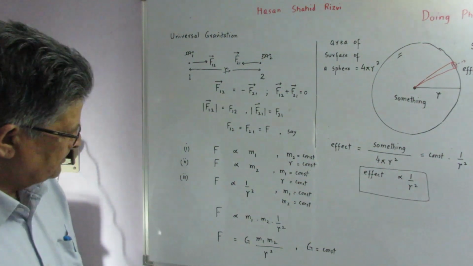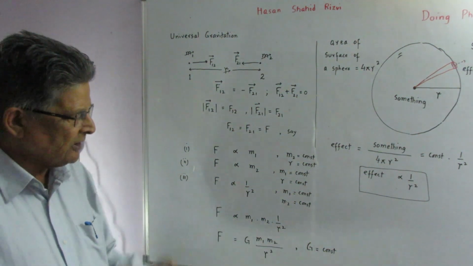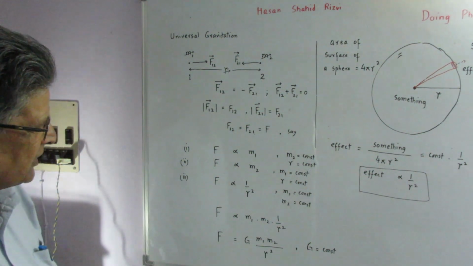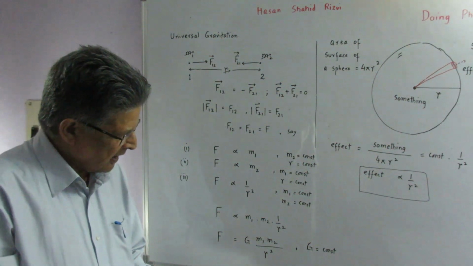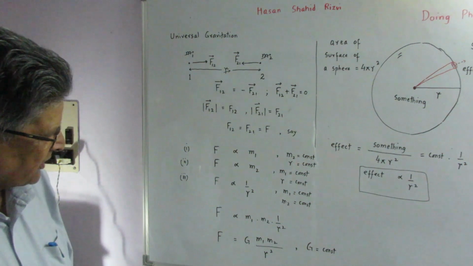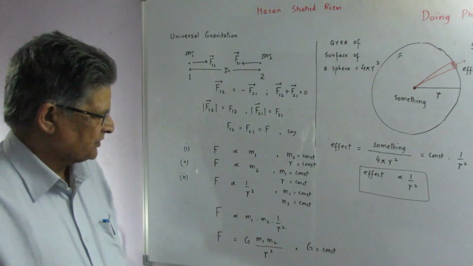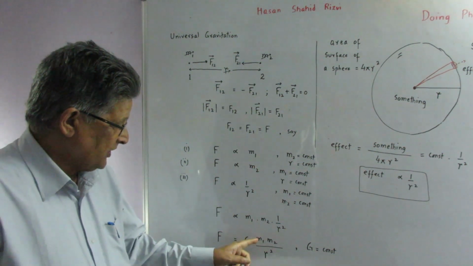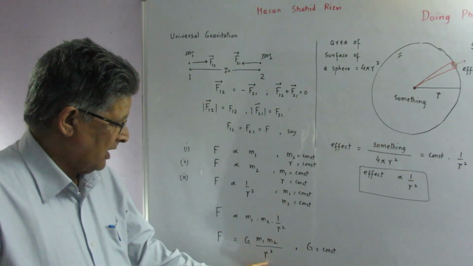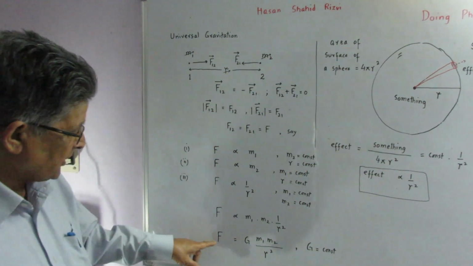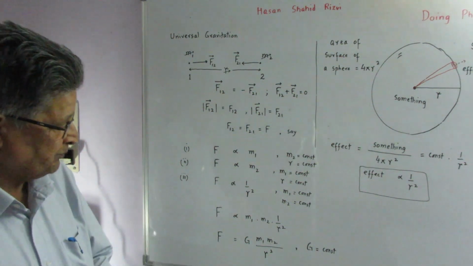Now this capital G is called a universal constant, and we call it so, along with other constants like h etc., because it neither depends upon m1 nor on m2 nor on r, and also does not depend upon the force that is there.